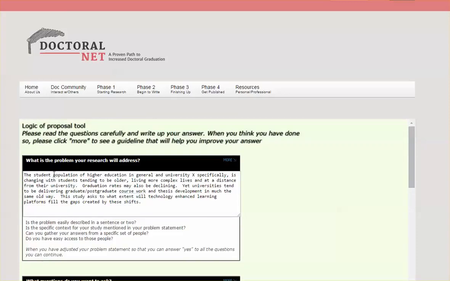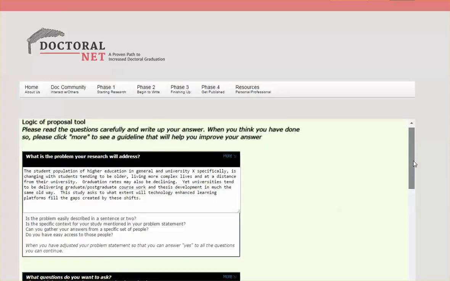So you can go with, you've written it all out. If I have said the student population in higher education in general is changing, I need to discuss the literature on those changes. If I'm saying that the new student tends to be older, working full-time and living at a distance, I need to show where I'm getting those ideas. Same thing with graduation rates declining.